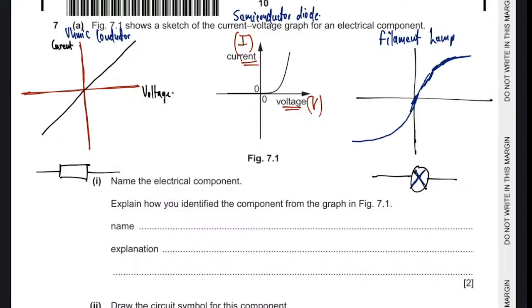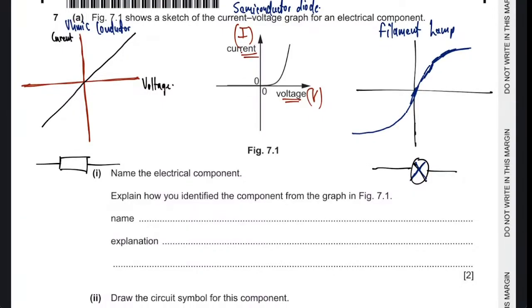Now, here they'll say, name the component. Semiconductor diode. Can you see this? This is the semiconductor diode if you write it in full.